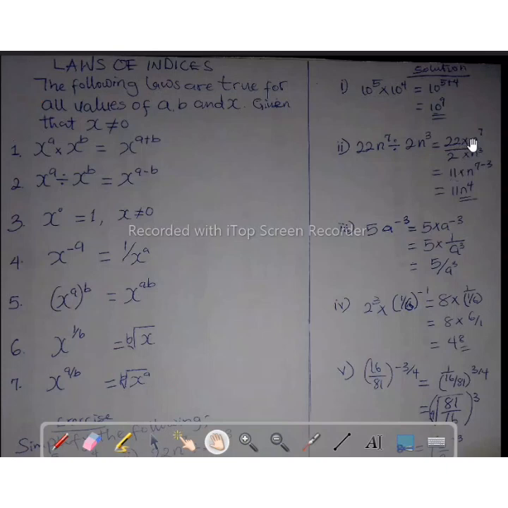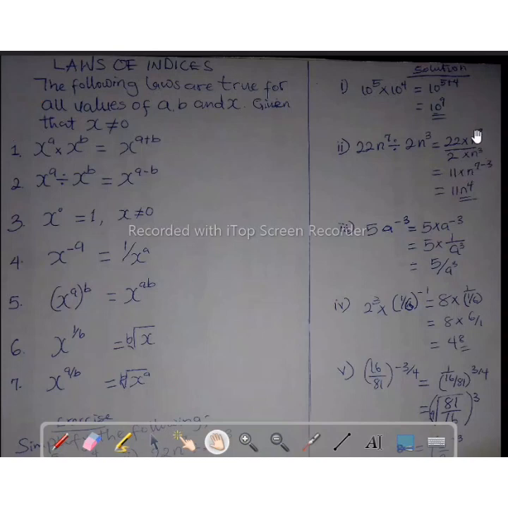Then you have n raised to power 7 divided by n raised to power 3 that is left over. What do you do? You pick one by applying the second law. Just pick one out of these common bases and then subtract their indices accordingly. And that's what we did to arrive at n raised to power 7 minus 3.